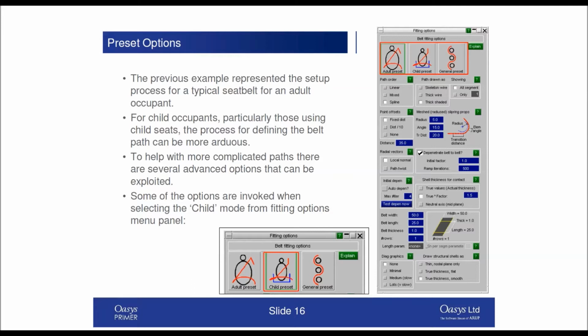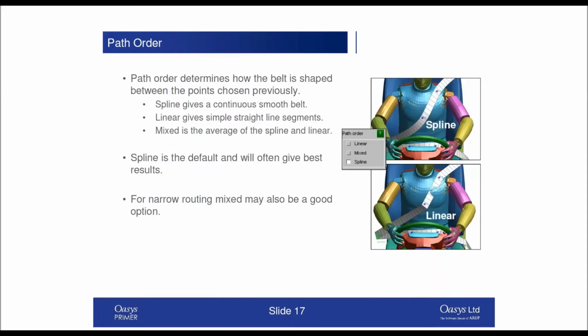So in this, we've been previously using all of the adult presets. I'm going to use the child, and I want to talk through the different options we have for using the child. So path order is the first of these options, and actually it's not changed for the child or adult preset, this particular one. The others are. This one defaults to spline for both of them.